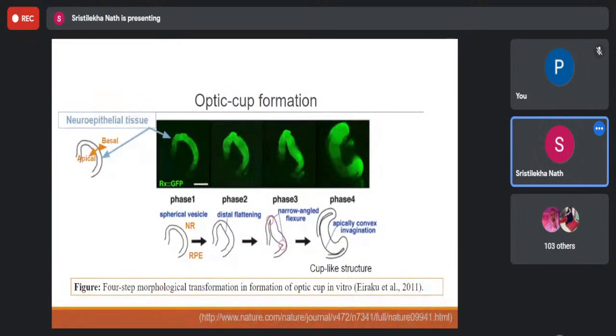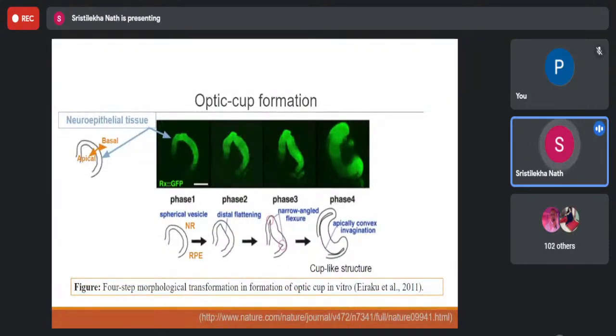When they proceed to phase 3, they found that the distal part is a little bent as compared to phase 1 or 2. Also the boundary between NR and RPE is able to form a hinge-like flexure structure, and this was found to be mediated by some constriction.